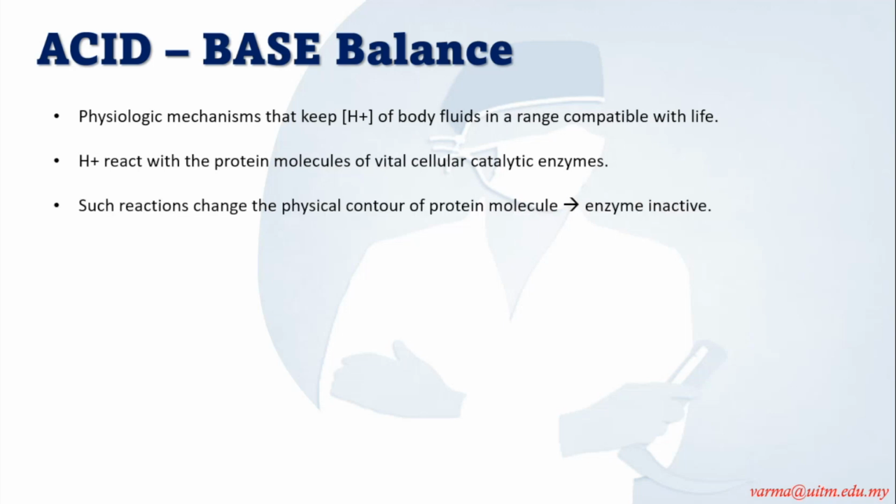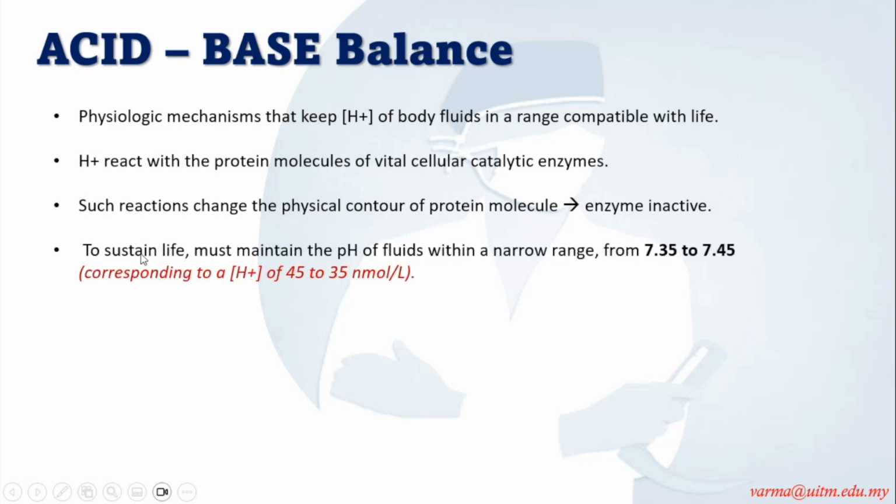Such reactions change the physical contour of the protein molecule, and the enzyme becomes inactive. Because if there is imbalance in the acid-base, that will cause a conformational change in the protein molecules involved in vital metabolism, especially the enzymes. So that will cause the enzymes to be inactive. That's why acid-base balance is important.